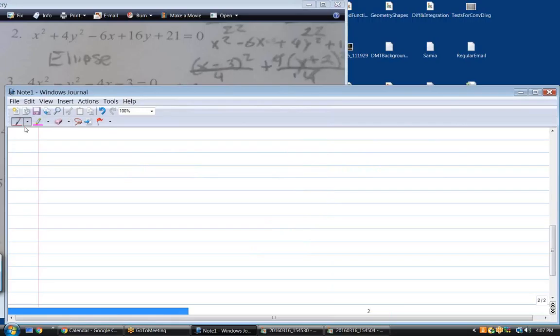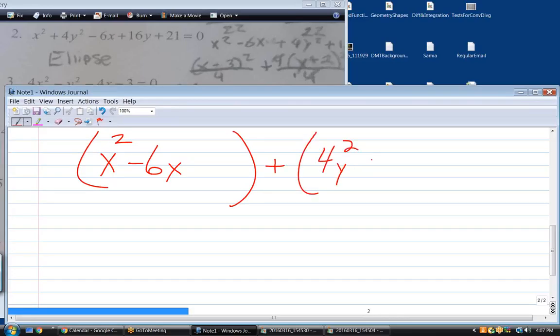But for an ellipse, I'm going to go ahead and rewrite this as x squared minus 6x plus 4y squared plus 16y, leaving room to complete the square, equals negative 21. It's the first thing I have to do on the left side. Add the 9.